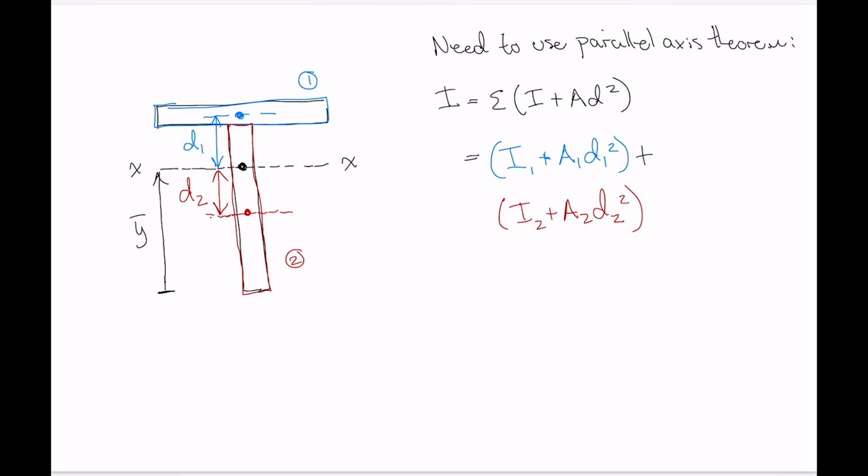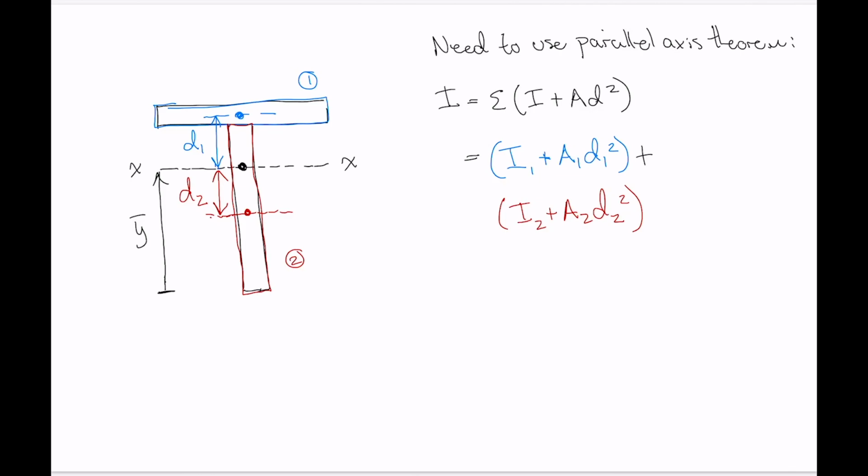We can find what y bar is by considering the first moment of area of the whole cross-section and comparing that to its component shapes.